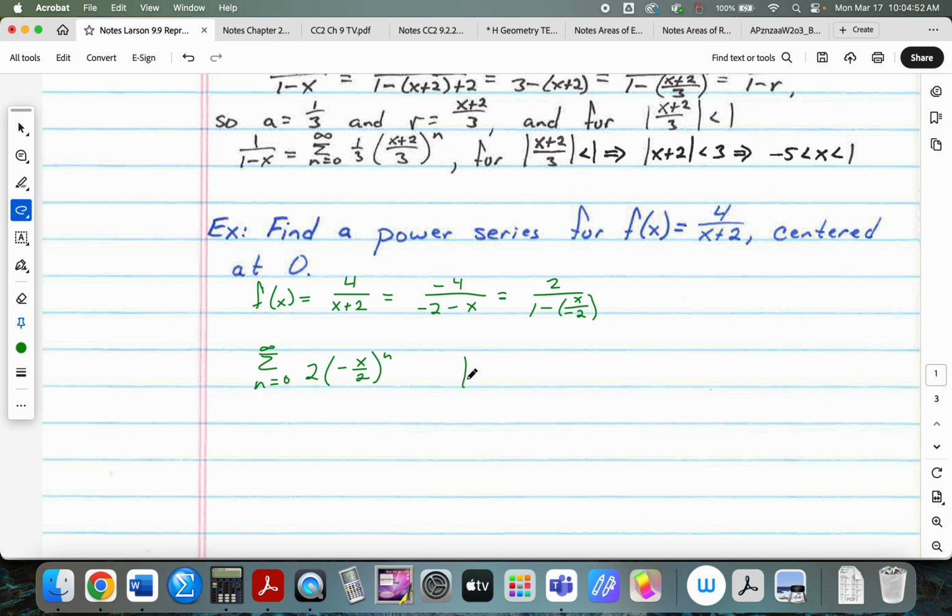So we want the absolute value of x over negative 2 to be less than 1. Multiplying both sides by 2, we get that the absolute value of the opposite of x needs to be less than 2.